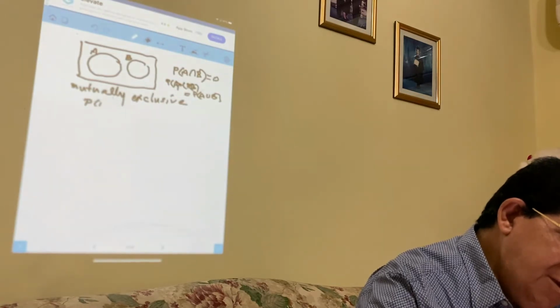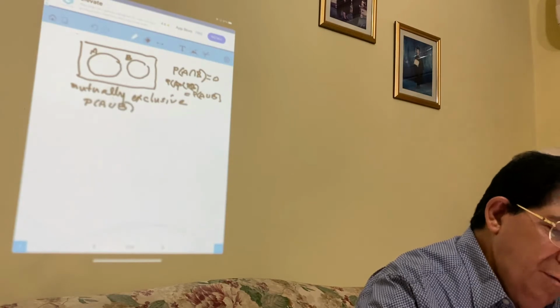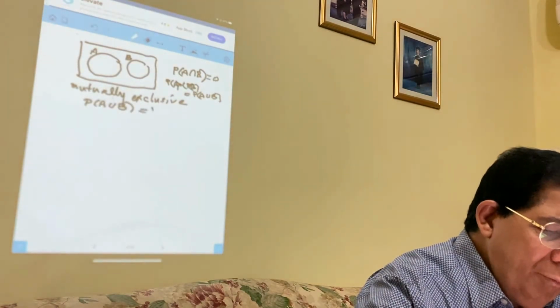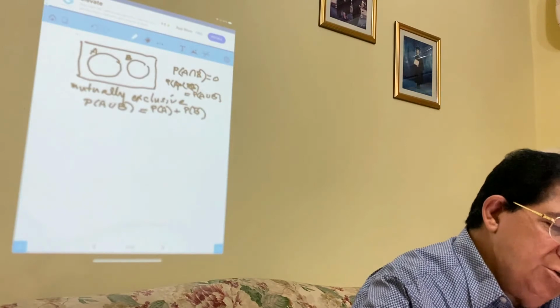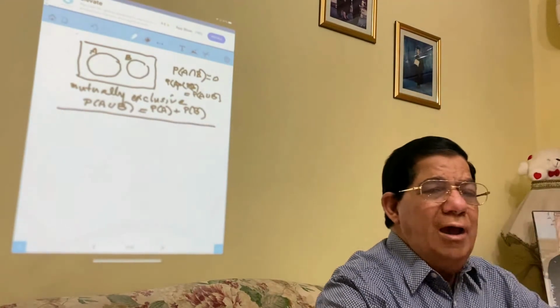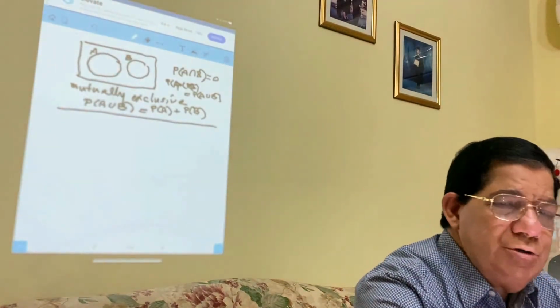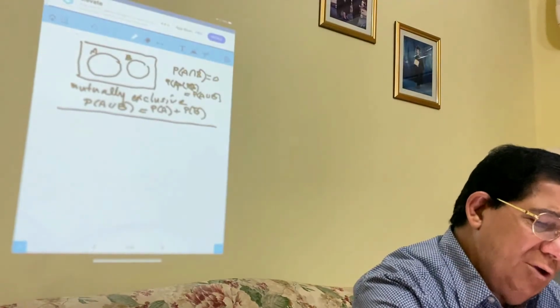The probability of A union B means the probability of A or B equals the probability of A plus the probability of B. This is only true if the two events are mutually exclusive, meaning if one happens, the other doesn't happen.